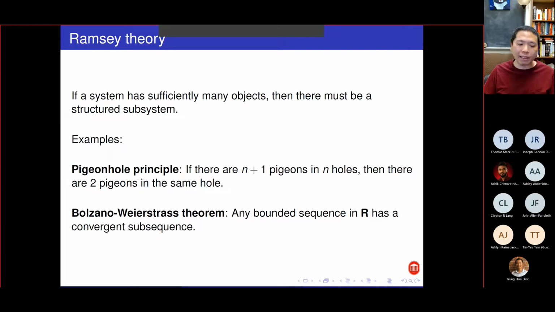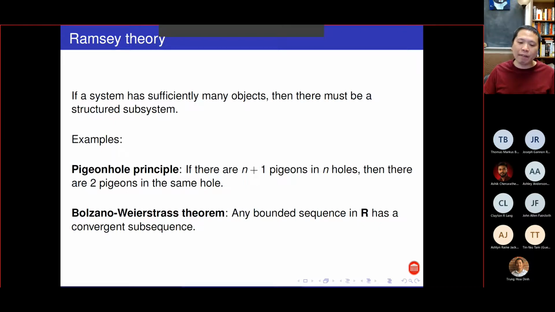When you take real analysis, there's the Bolzano-Weierstrass theorem, which says that any bounded sequence of real numbers has a convergent subsequence. This is a manifestation of the same principle, and actually you can prove this using the pigeonhole principle. This is my first time using Teams, so I don't know how to draw a picture on my screen. But you take an interval and you divide it in half.